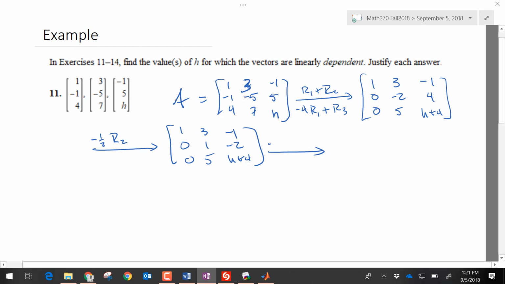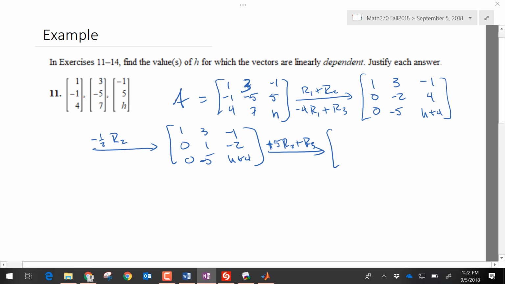So we're going to multiply the second row by -5 and add it to the third row.